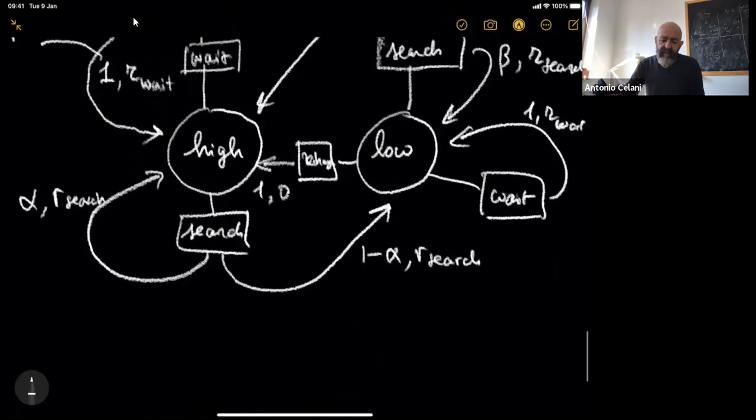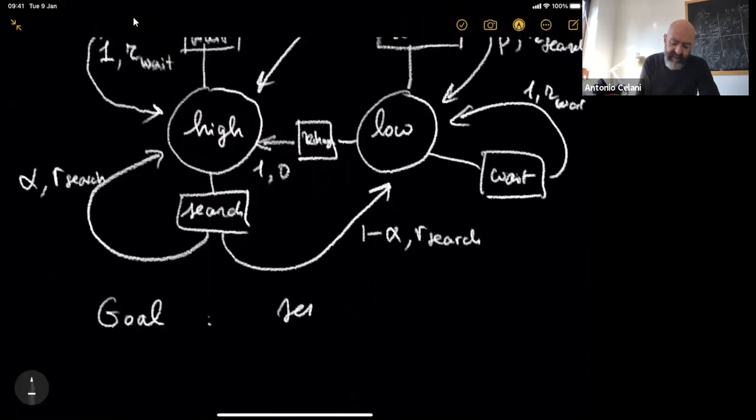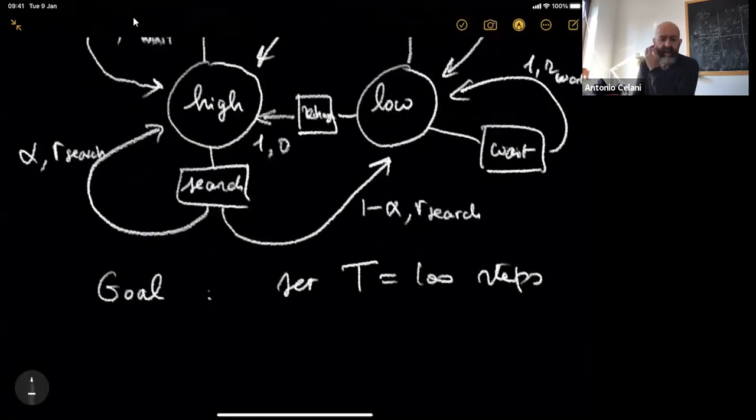So in this case, clearly the formulation of the problem is the same. The goal, for instance, is: set the horizon to, say, 100 steps, for example. What is the best policy?